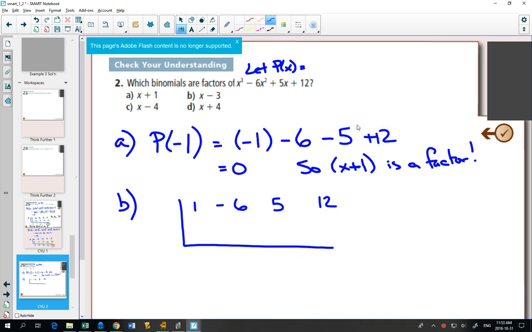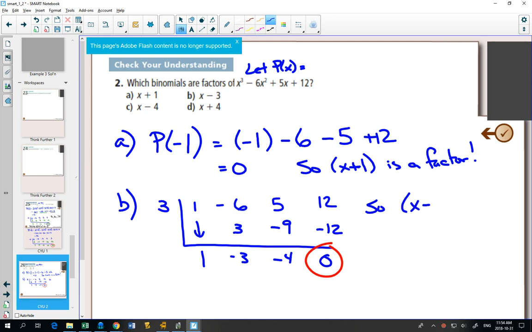And then if we are dividing by x minus 3, I put a positive 3 out here. Bring down the 1, multiply, add, multiply, add, multiply. I get a remainder of 0 again. So we know that x minus 3 is a factor as well. Woohoo!